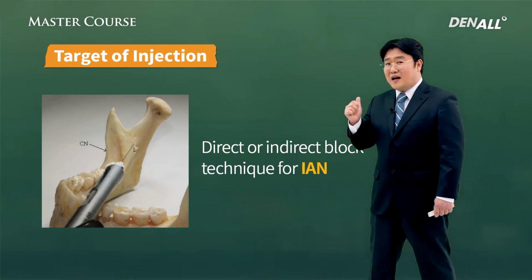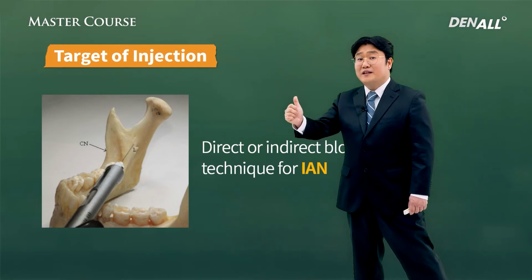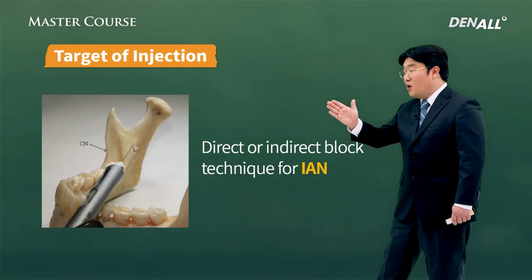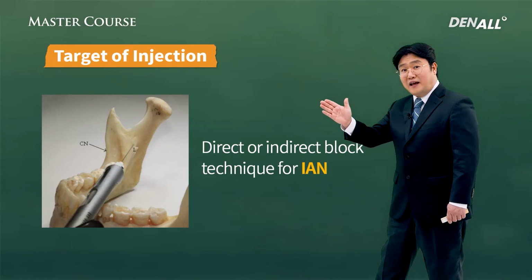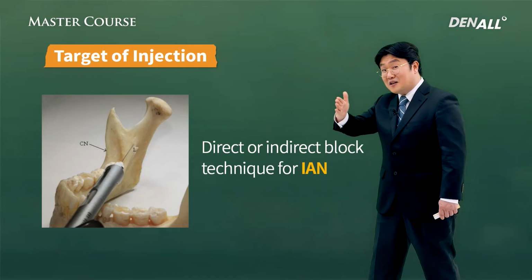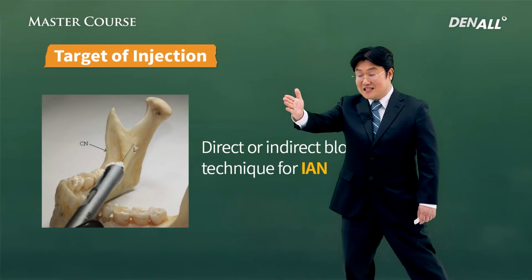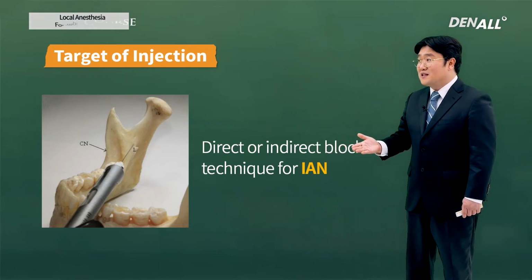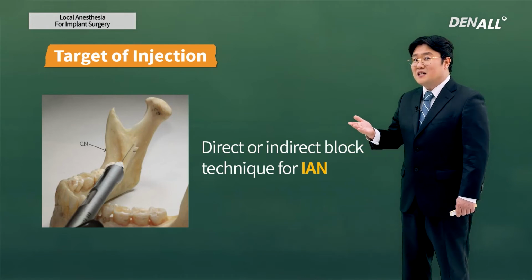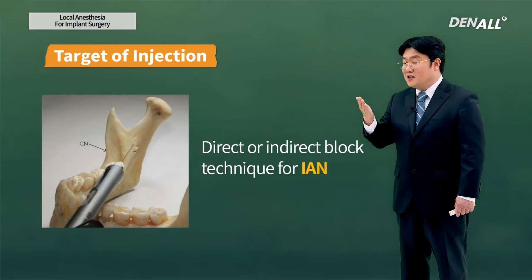You can use the direct method or the indirect one, where you inject in parallel and change the entry direction when you hit periosteum or bone. Regardless of whether it is direct or indirect, the needle should be put on that location.